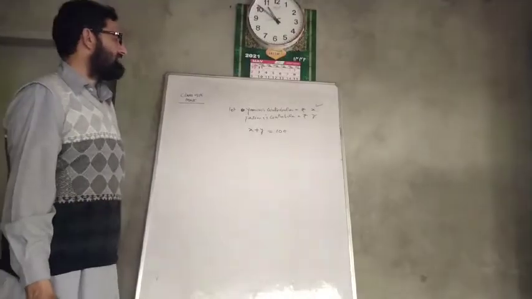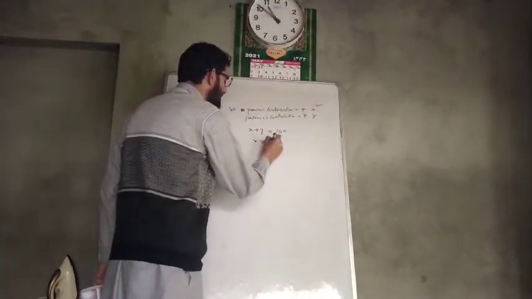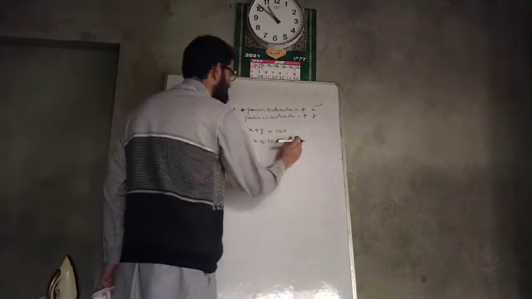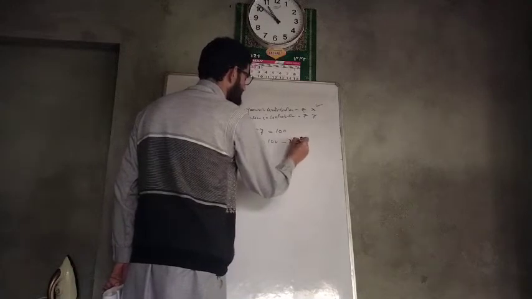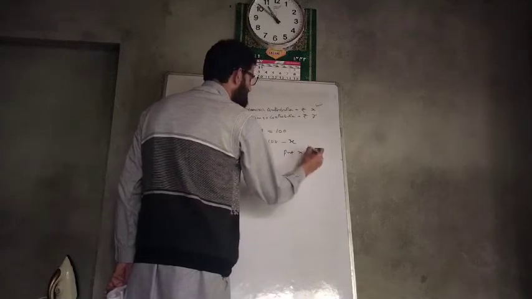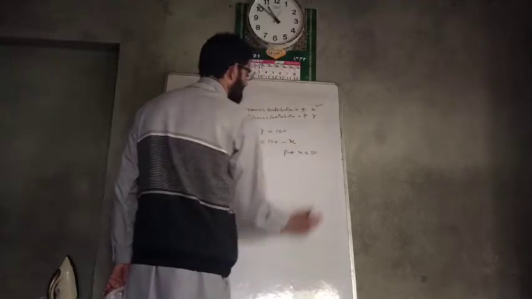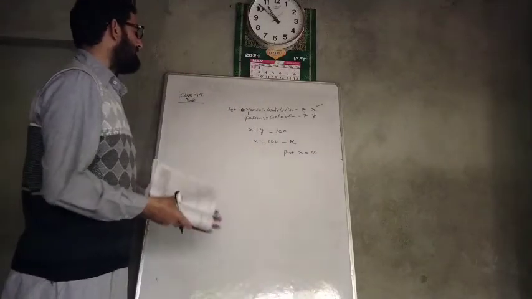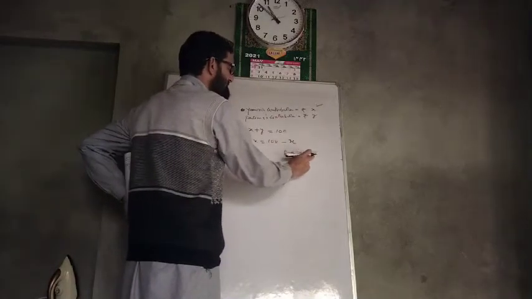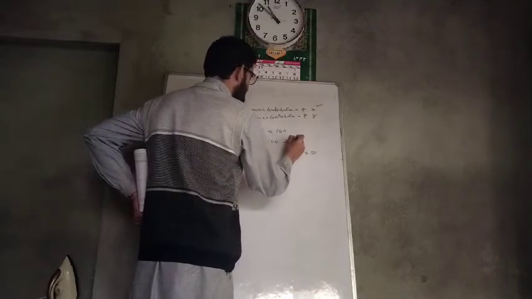Now we have to draw the graph of this equation. So here we go. This is X is equal to 100 minus Y, sorry, not 20. Now suppose Y is equal to 50. Y is Fatima's contribution.